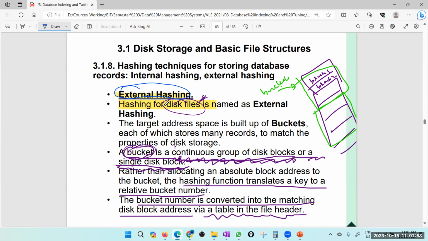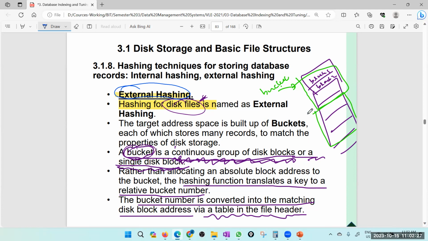But when it comes to external hashing, you have a set of blocks considered as one bucket. So you don't get the block number, rather you get a bucket number. Your hash function returns a bucket number. And internally you must know which bucket number is which, so you must have a mapping: bucket number 1 is for block numbers 1, 2, 3.